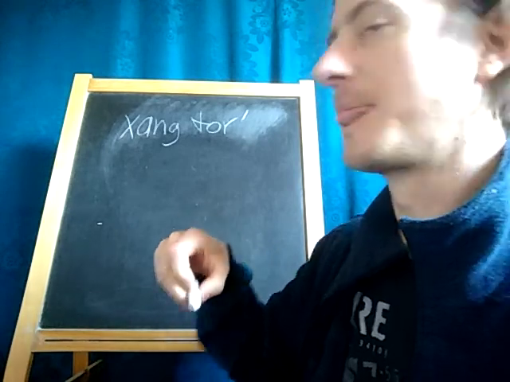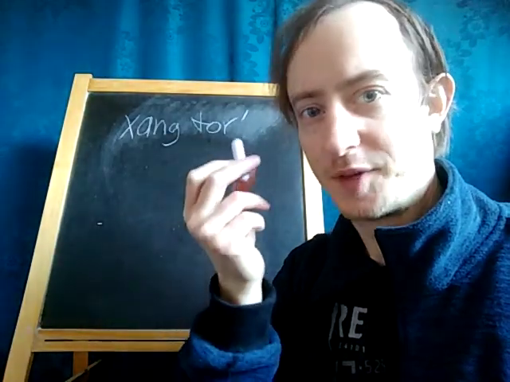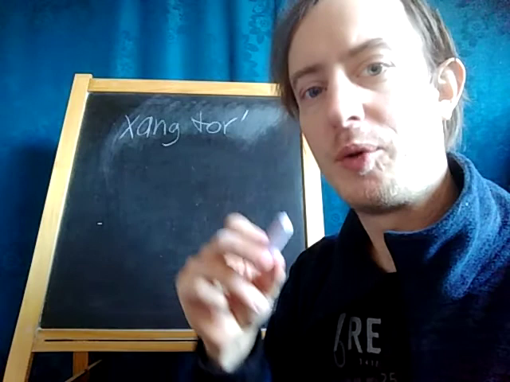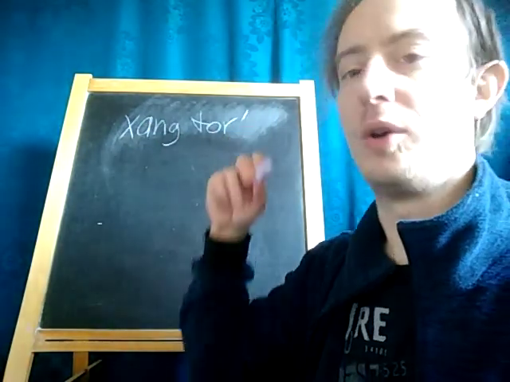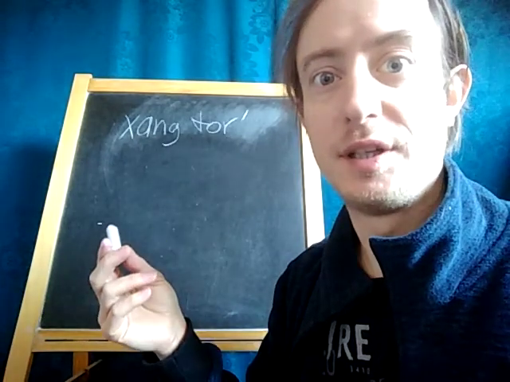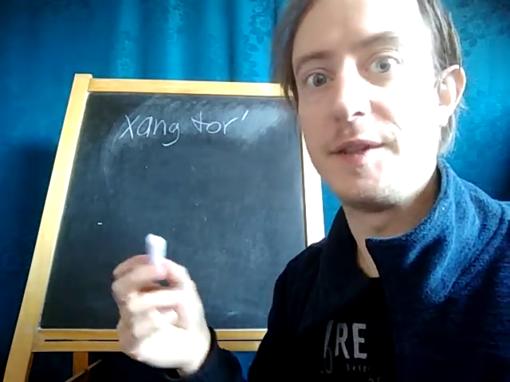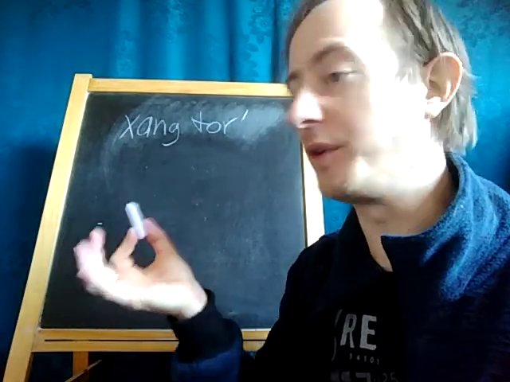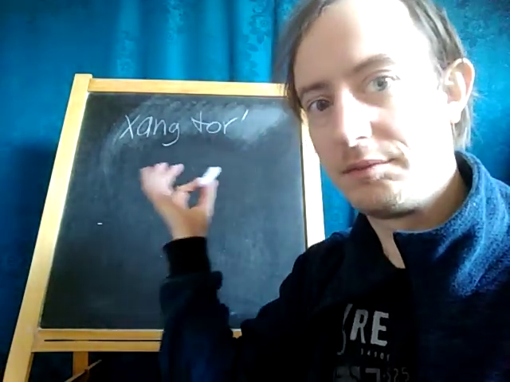The magician says, go to the library and get me a book about Xang Tor. You have no idea what this is. This could be a person, this could be a magic spell, this could be a magic technique, it could be anything, you have no idea. But you have the word.